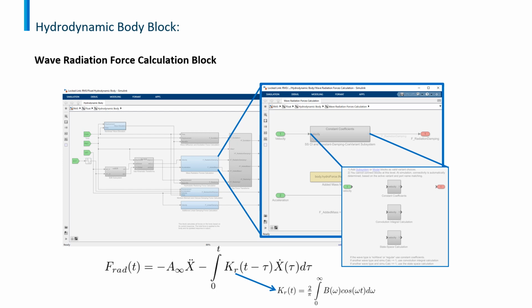In the equations below, the second term shows the convolution of the radiation impulse response function and the body velocity. For a regular wave, this convolution simplifies to a simple multiplication because the incoming wave has only one frequency.